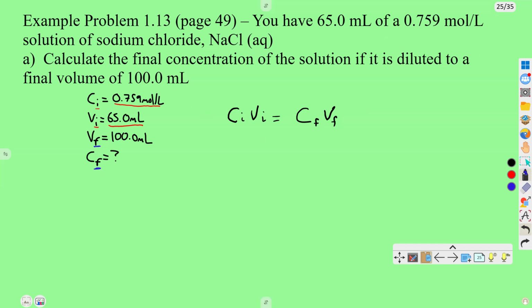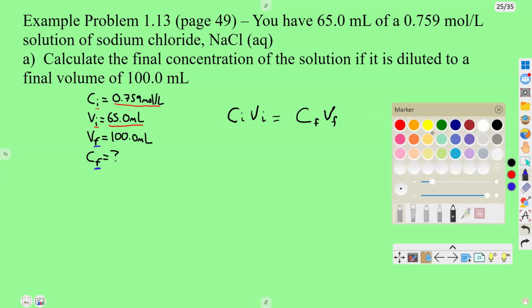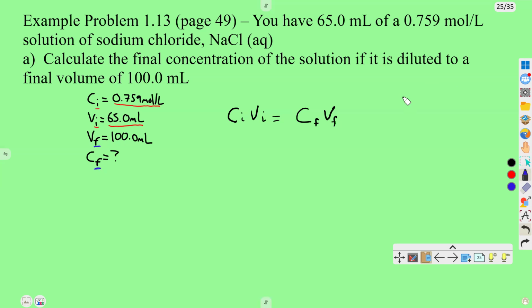Now, I just want to switch colors and show you something over here. Also in the data booklet, we know that the concentration in moles per liter is found by taking the number of moles and dividing it by the volume. Using this formula, we can find the number of moles by taking the concentration and multiplying it by the volume.